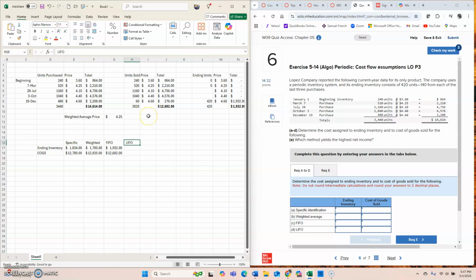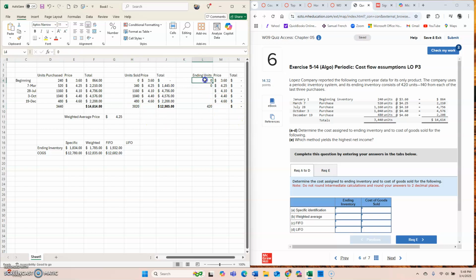So instead, let me clear this out, we're going to start at the bottom, and we are going to sell all of our December units, all of our October, all of our July 28th, and we are going to sell 340, and we're not going to sell any of our beginning inventory. Here we are at our 3,020.